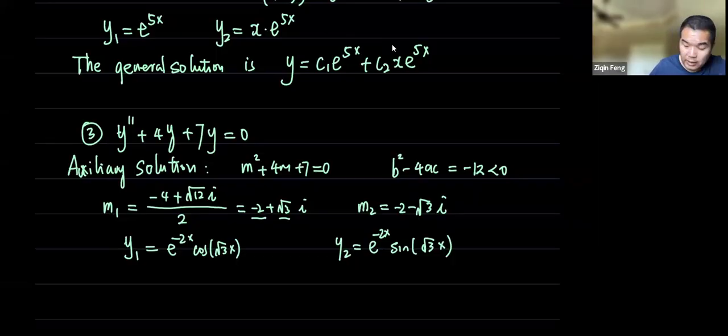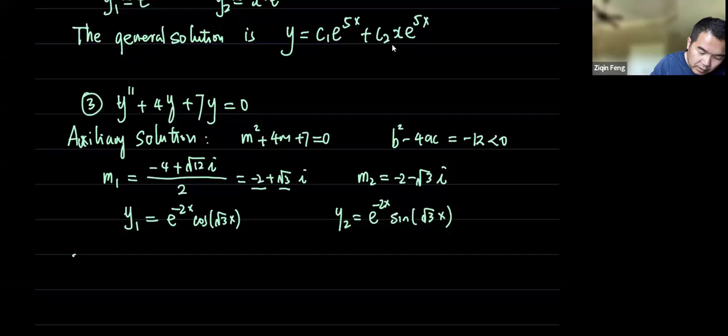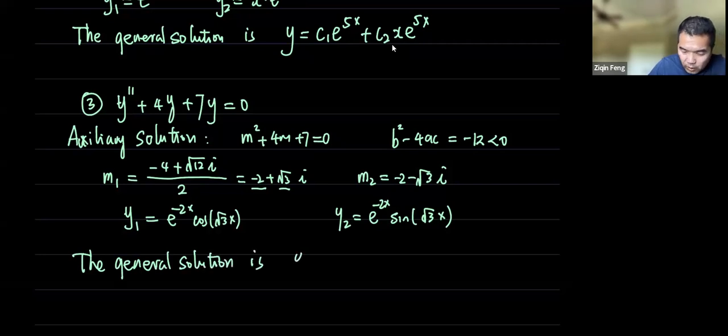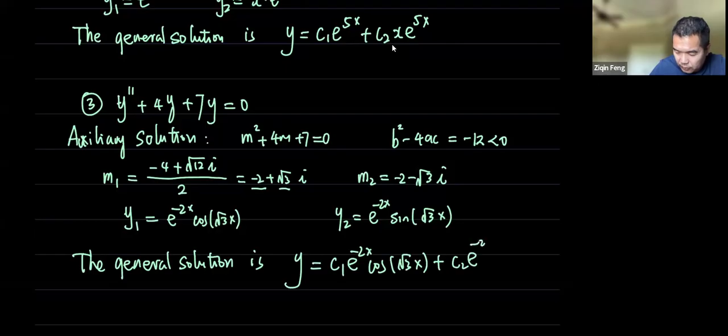And so that's good. We get our general solution. The general solution is y equal to c1 e to negative 2x cosine of square root 3 x plus c2 e to negative 2x sine of square root 3 x.